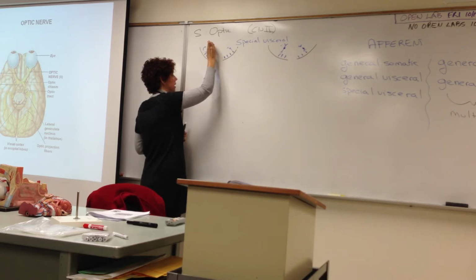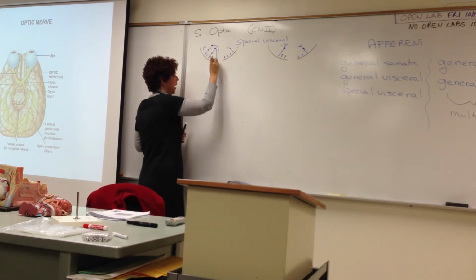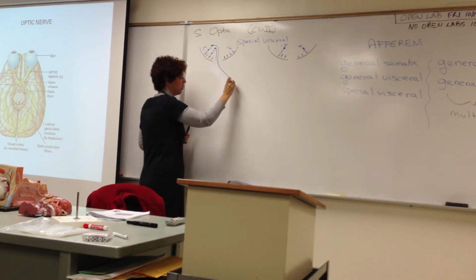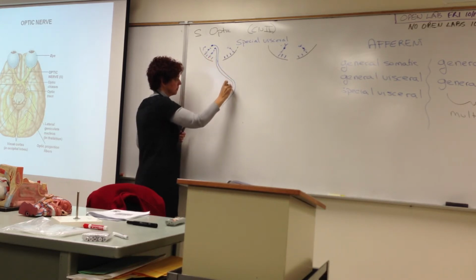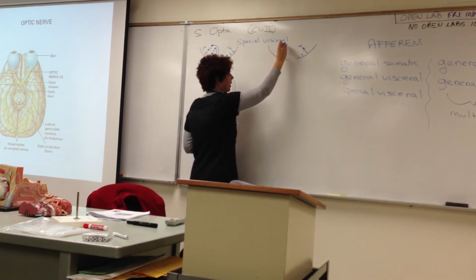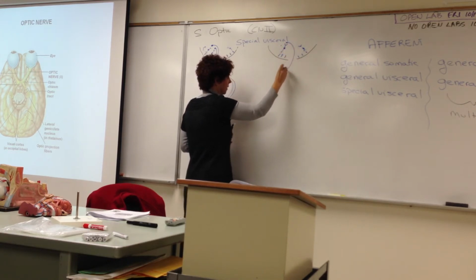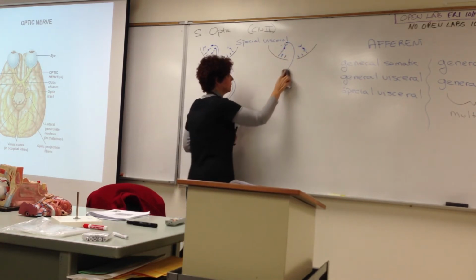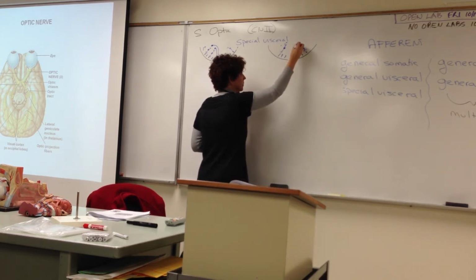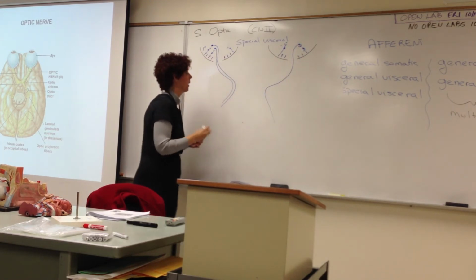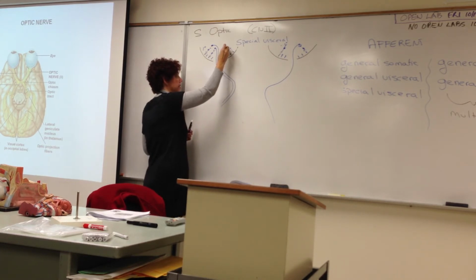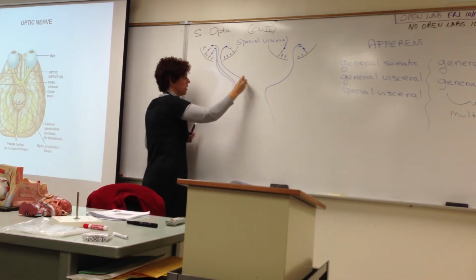Now the second neuron in our pathway actually comes out of the cranial nerve, out of the eyeball, and passes back towards the thalamus. On the medial side, or nasal side, that cranial nerve is going to cross over.